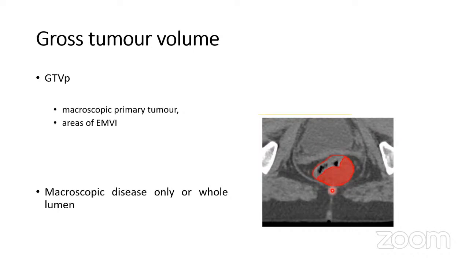There is no consensus on that, but you can always decide. It's always better to go with the lumen. I routinely do the entire lumen contouring, but some people, if they are confident in identifying the GTV, then they contour the GTV alone, or if there is some uncertainty in the GTV, then you contour the entire lumen.